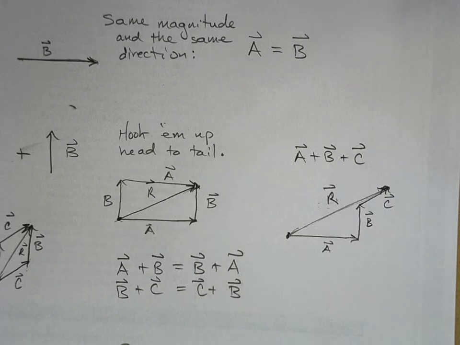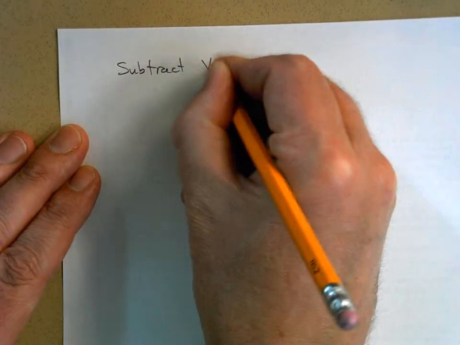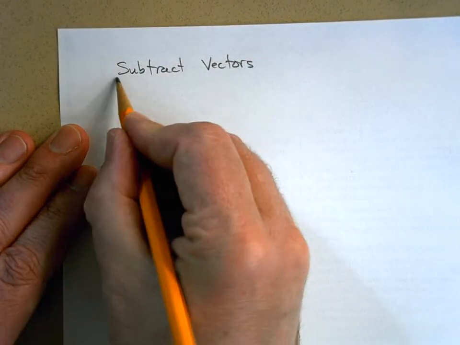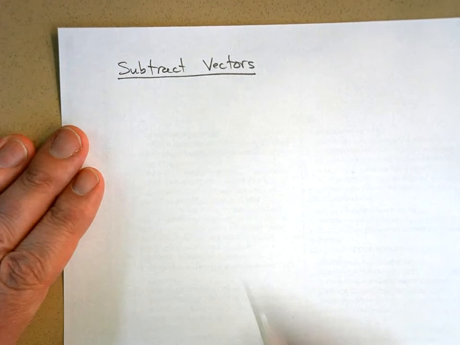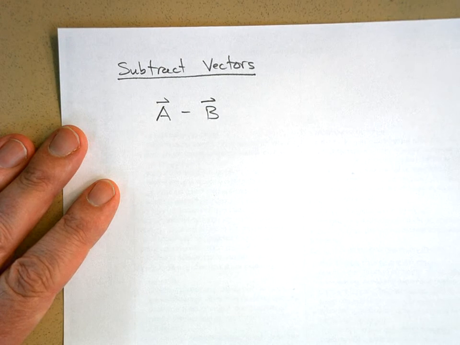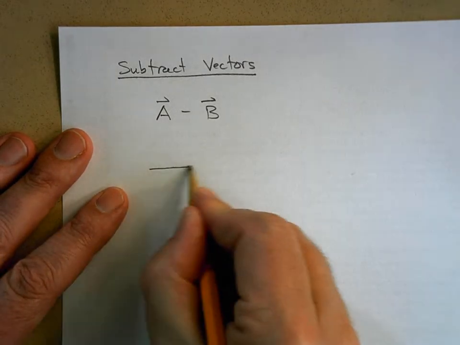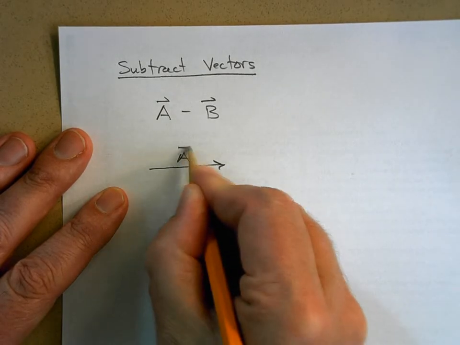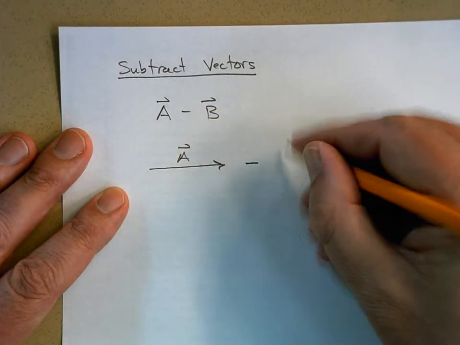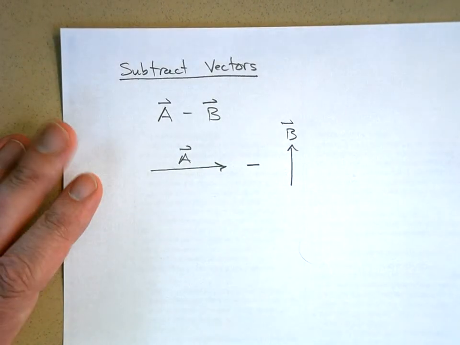Now let's talk about subtraction. Let's subtract vectors. Well, the way we define it, let's say I have A minus B. Here's A. I'll draw A again, and here's B. So A minus B. Well, how do we subtract two vectors like this?